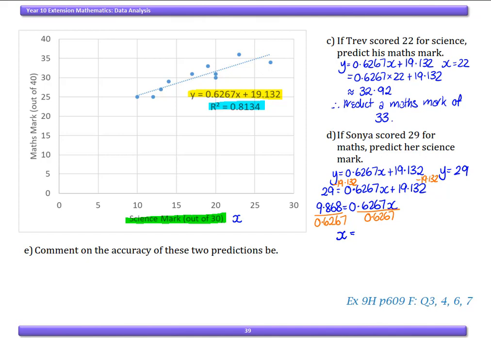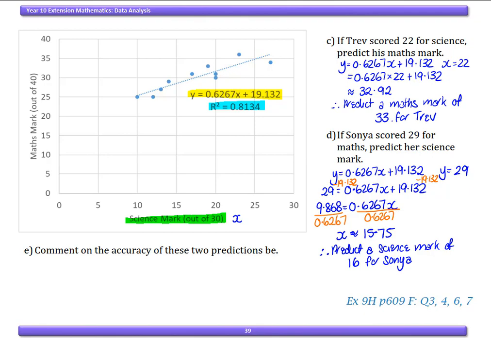So we have x is 9.868 divided by 0.6267, which is approximately 15.75. Therefore, predict a science mark of 16 for Sonia. I might write for Trev up here.